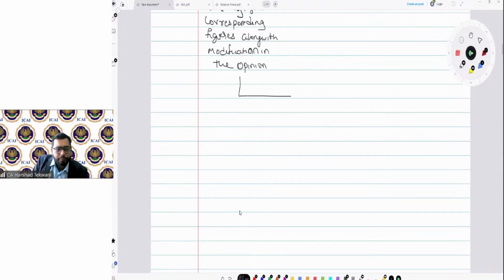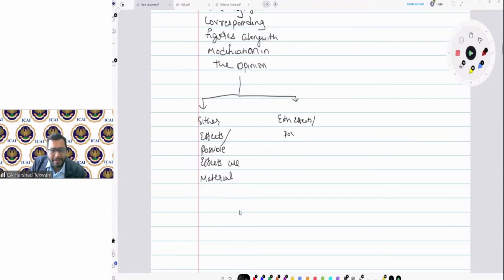So either effects slash possible effects are material, or I could say that unresolved matter, again, either effects slash possible effects of unresolved matter are impacting my comparability.